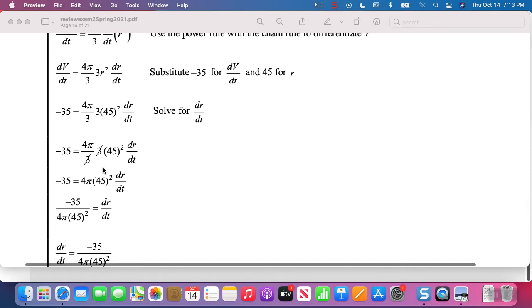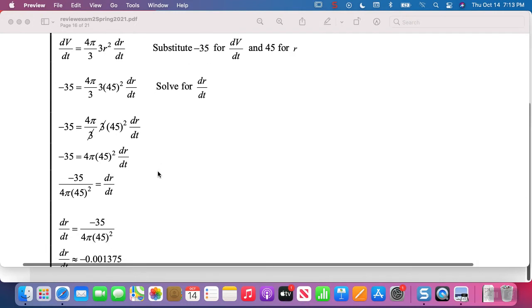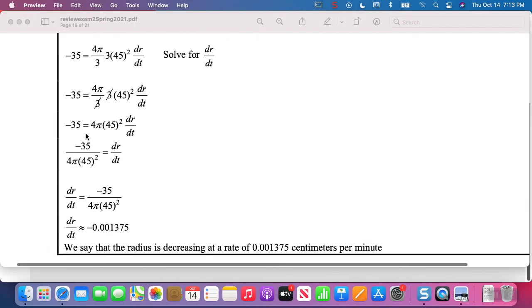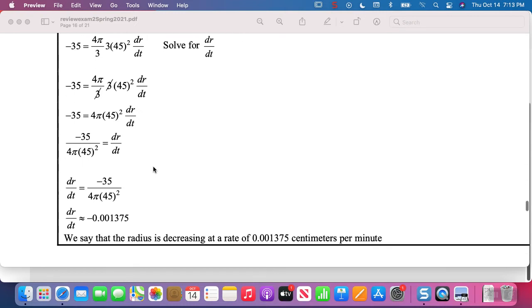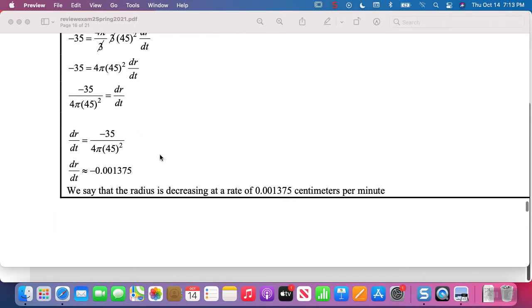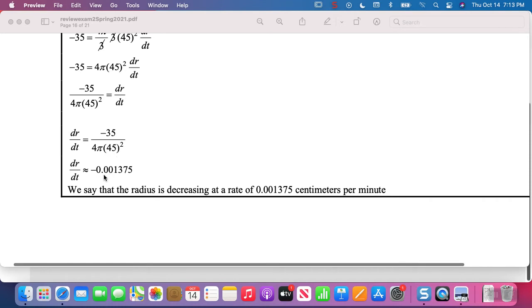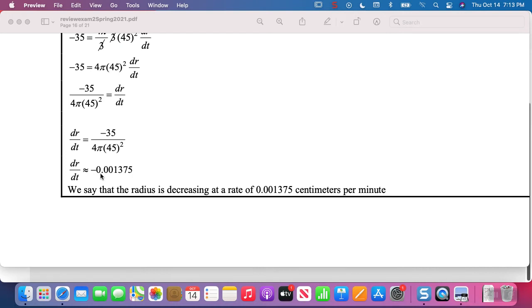We simplify the 3 and divide both sides by 4 pi times 45 squared, plugging in r equals 45. Using a calculator, dr/dt is about negative 0.001375.